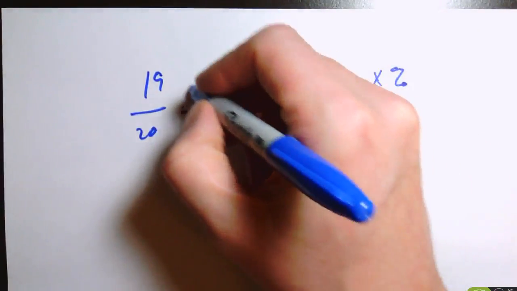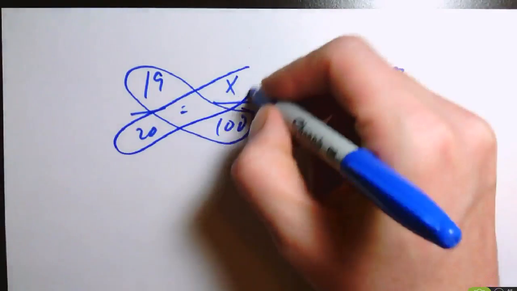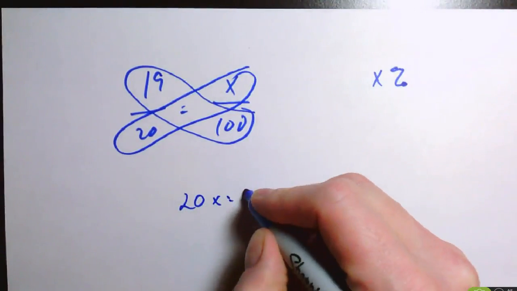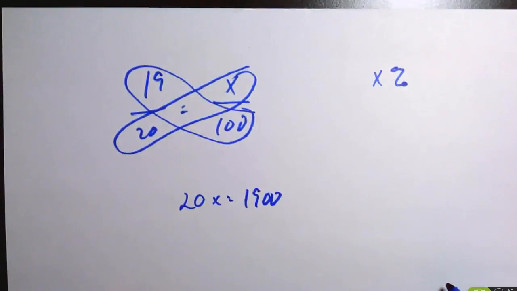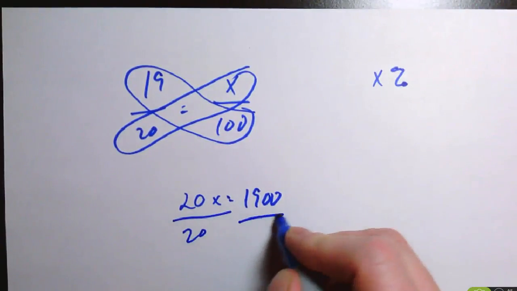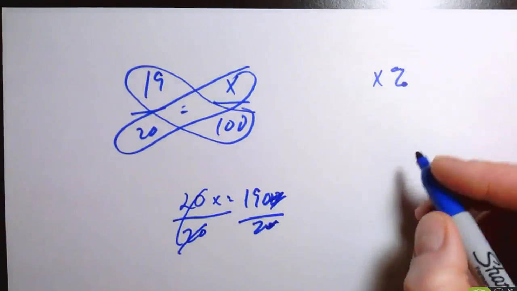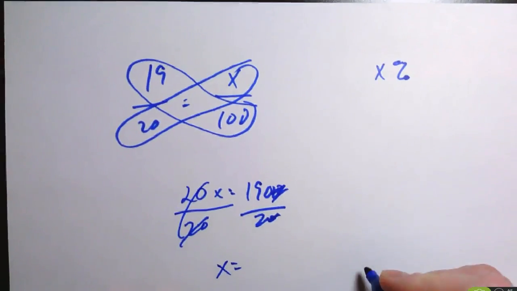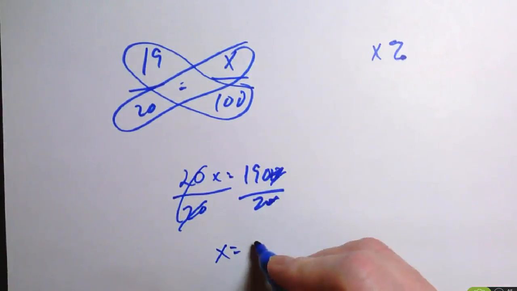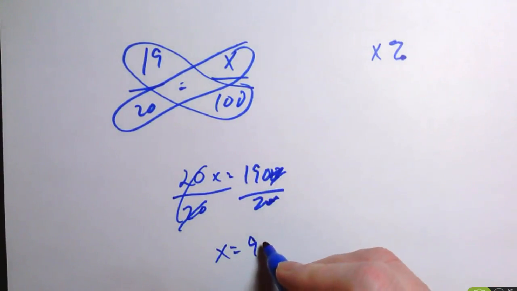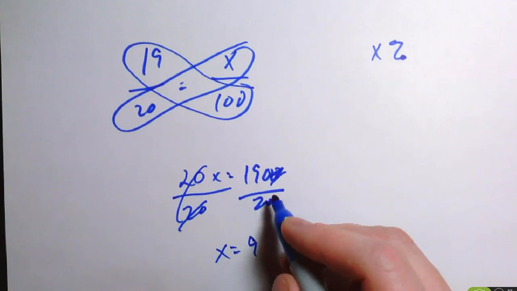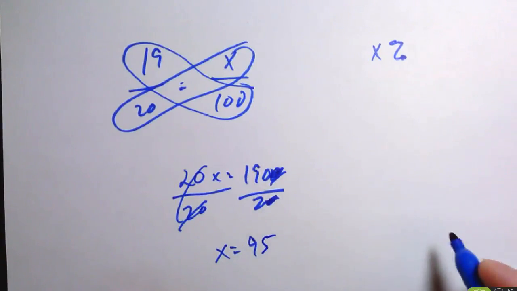Okay, so cross multiply. 20x equals 1900. Divide by 20. I can knock off a 0, and if you need to, do the long division as well; the division work is up to you. 190 over 2, because I knocked off a 0, is 95.